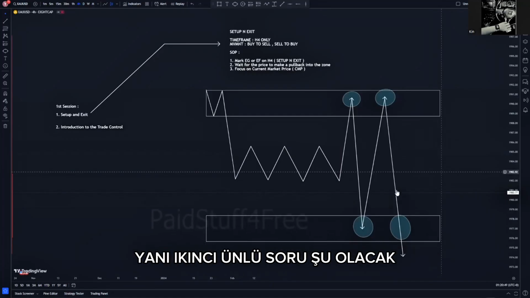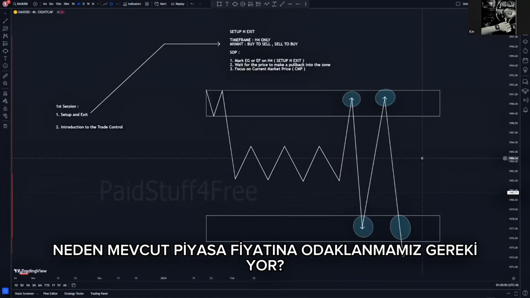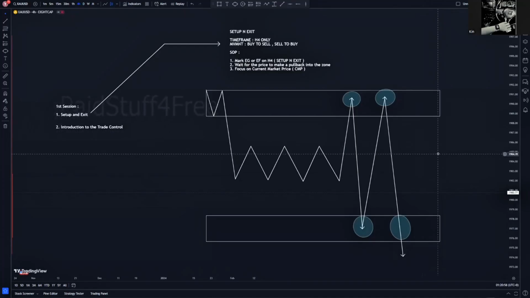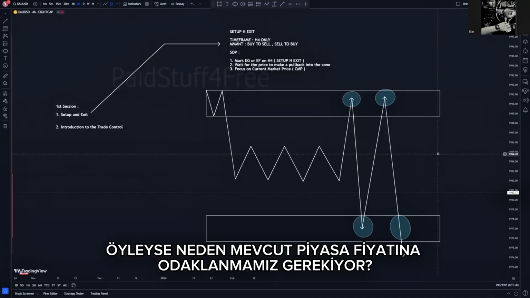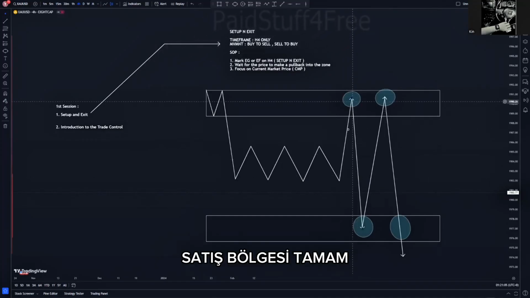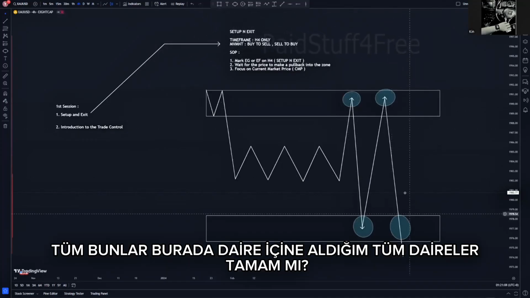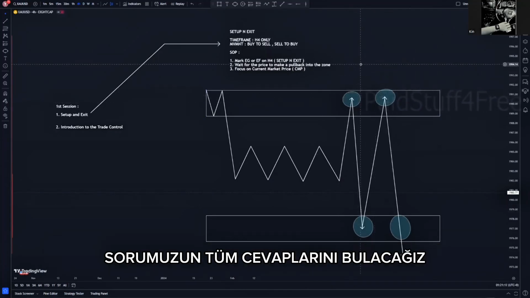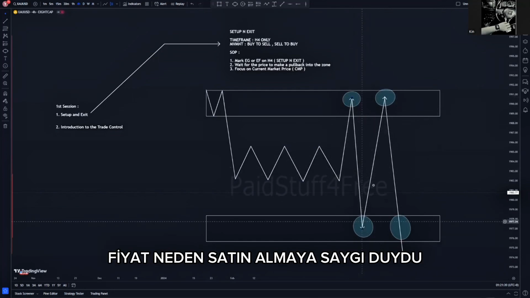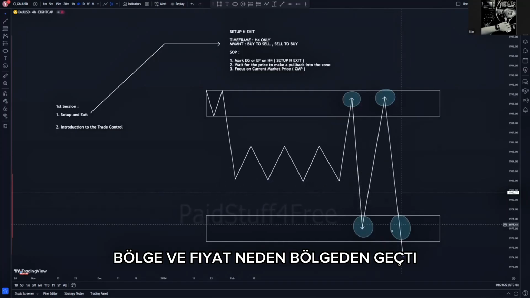So the second famous question is, why do we need to focus on the current market price? I'm going to answer this question right now. The reason is that when the price gets into the sell zone, in all of the circles that I circled over here, we will find the answers to our questions: why the price respected the sell zone, why the price respected the buy zone, and why the price just went through this buy zone.